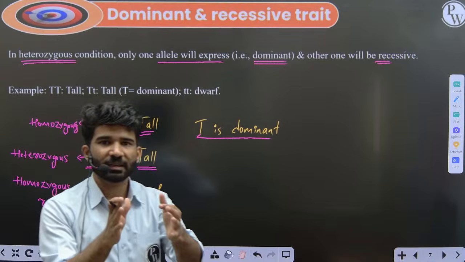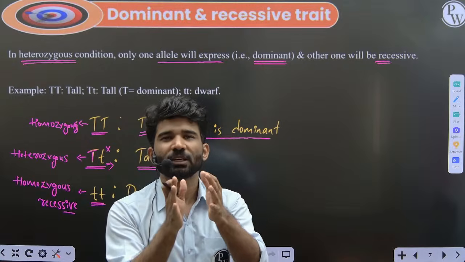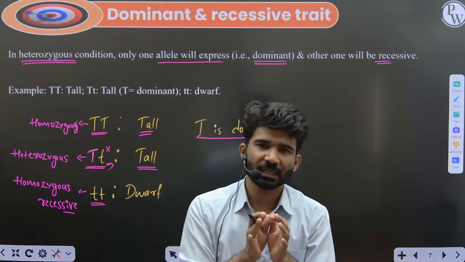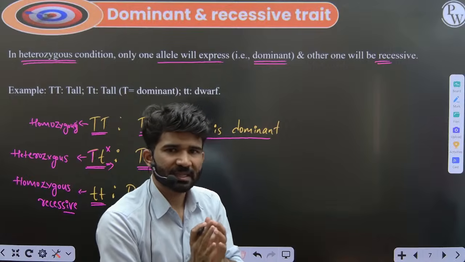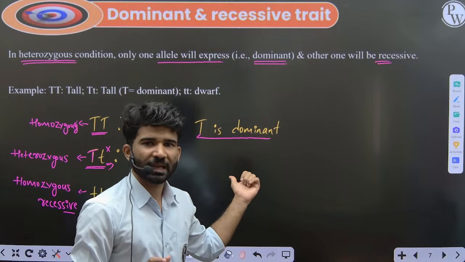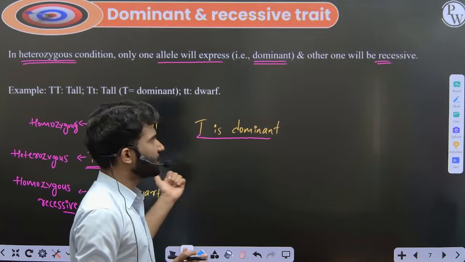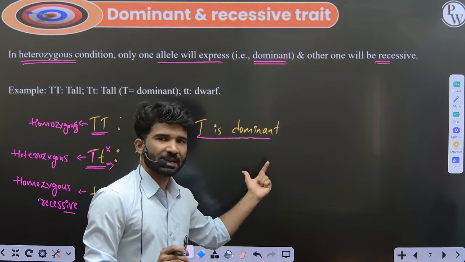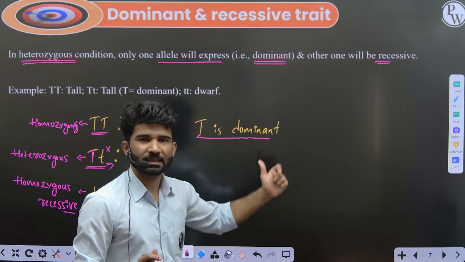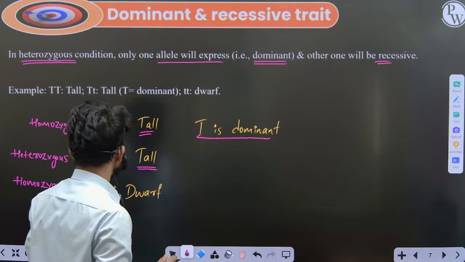What is the dominant trait for height? That is tall. What is the recessive trait? That is the dwarf. Which one is expressing here? The tall trait is expressing, so that is a dominant trait. The dwarf trait, which is not expressing, is called the recessive trait.